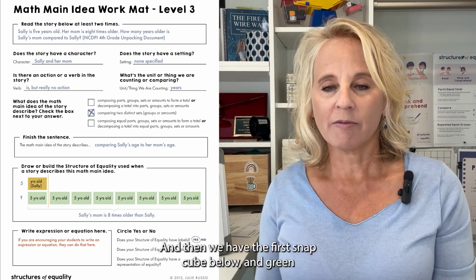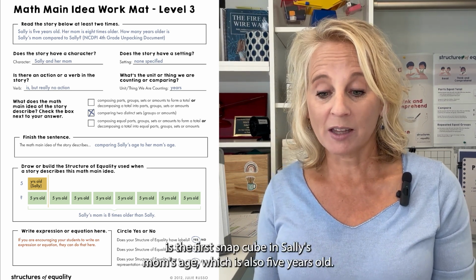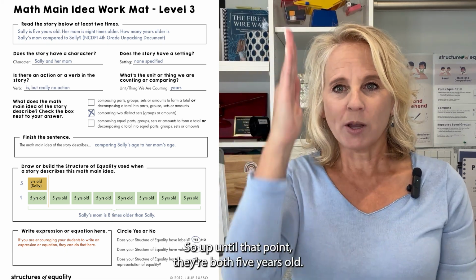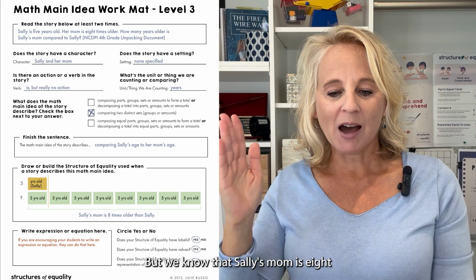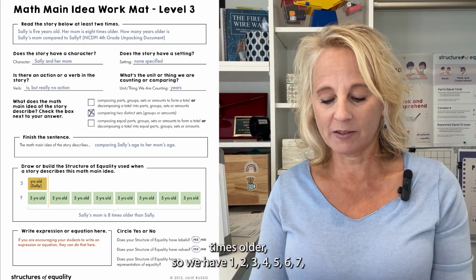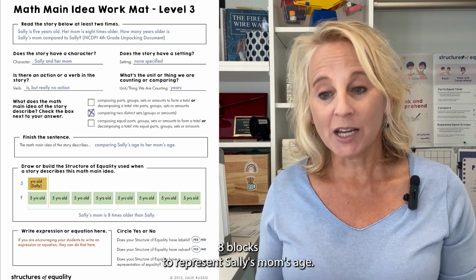And then we have the first snap cube below in green, the first snap cube in Sally's mom's age, which is also 5 years old. So up until that point, they're both 5 years old. But we know that Sally's mom is 8 times older. So we have 1, 2, 3, 4, 5, 6, 7, 8 blocks to represent Sally's mom's age, and that's labeled on there.